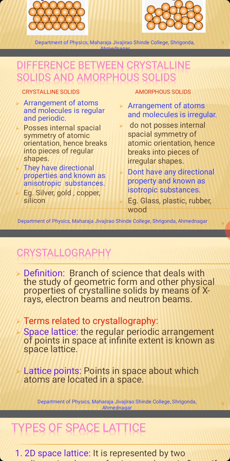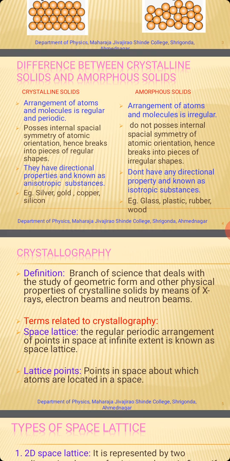Amorphous solids do not possess such internal spatial symmetry, and hence atomic orientation will not exist in them. They break into pieces of irregular shapes. Crystalline solids have directional properties and are known as anisotropic substances.